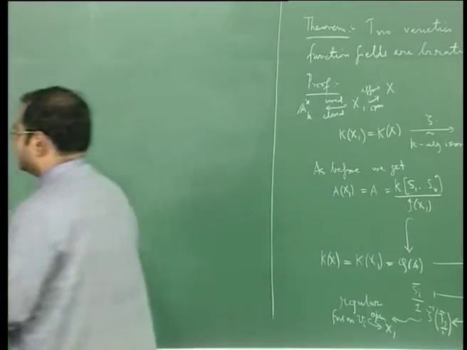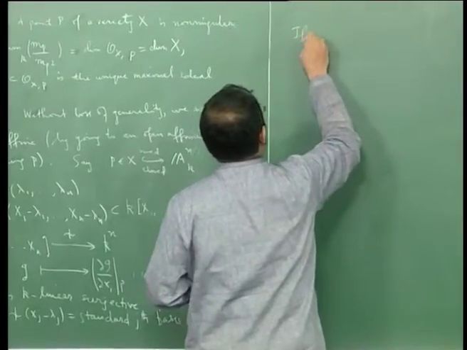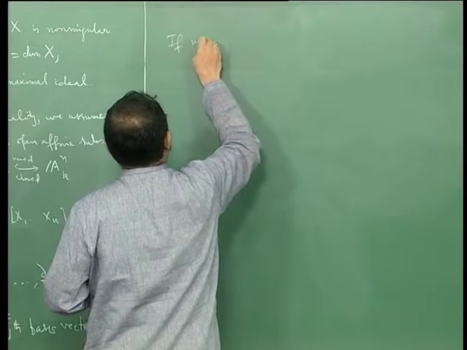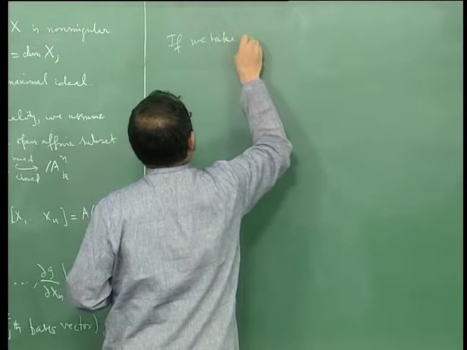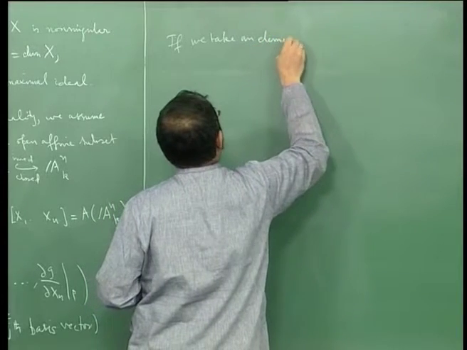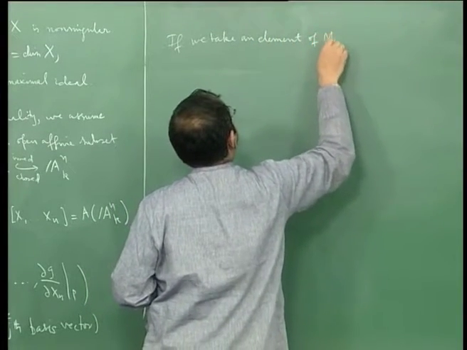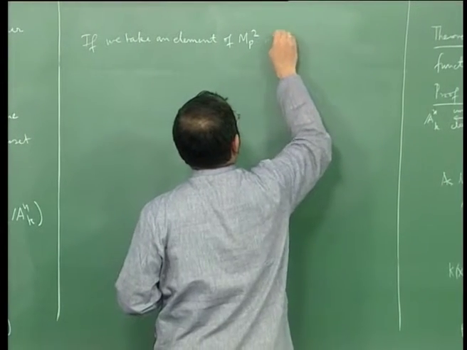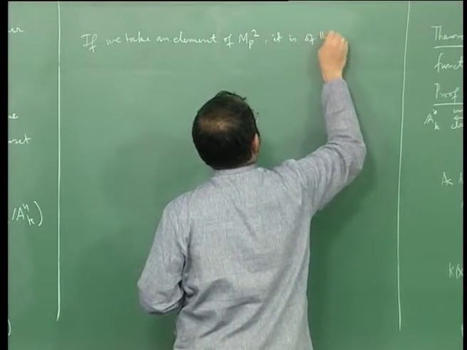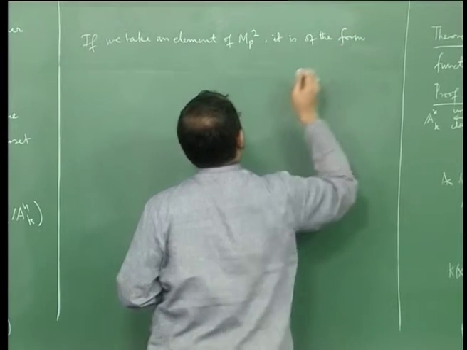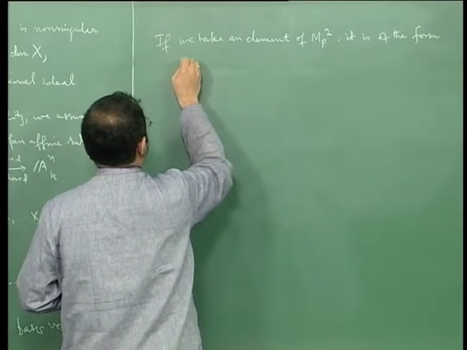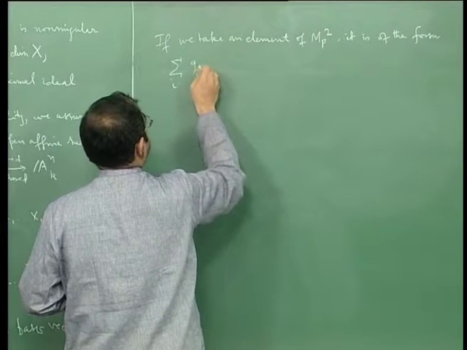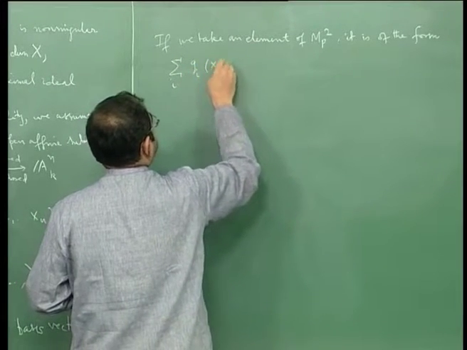So you see, if we take an element of m_P squared, then it is going to be of the form sum of some gi times xi.